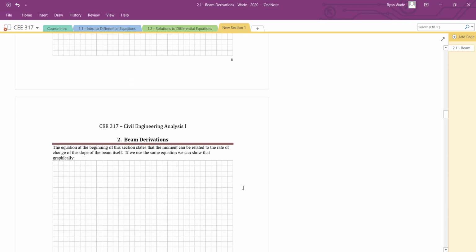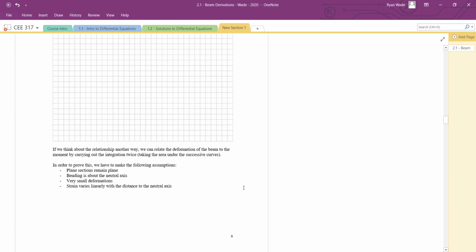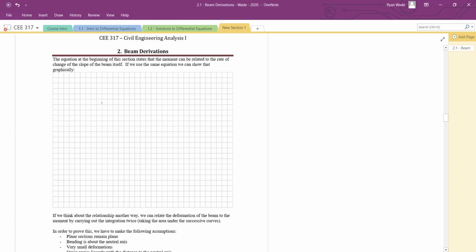Trying to figure out how to say this properly. If we use that, we can show that the moment looks something like this. Or sorry, our angle of twist and our y is going to look something like this.